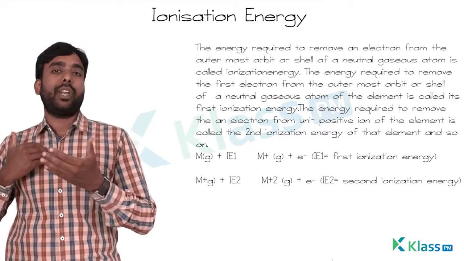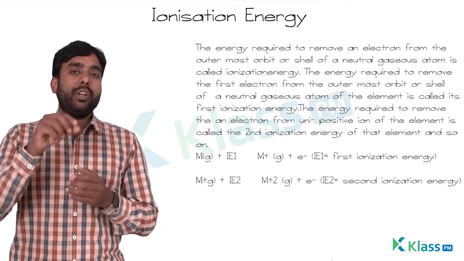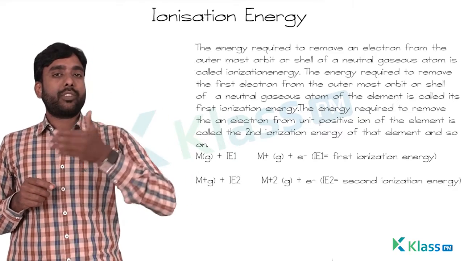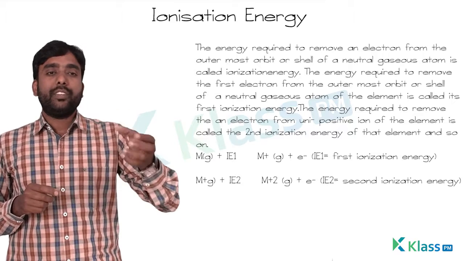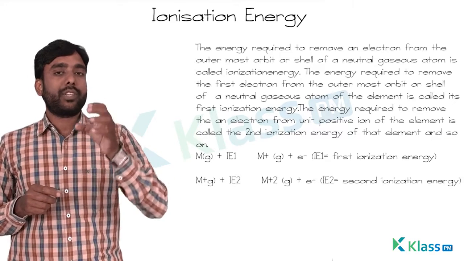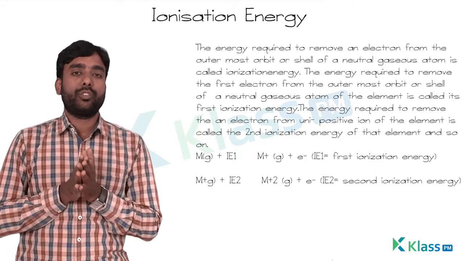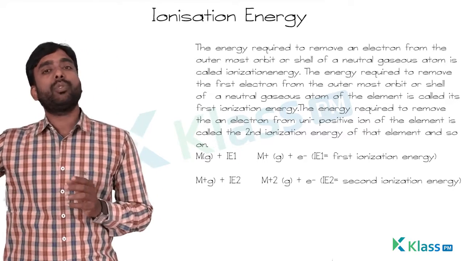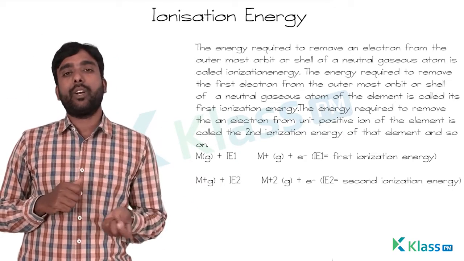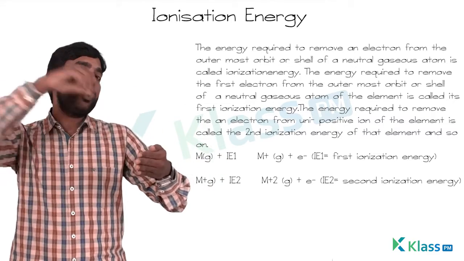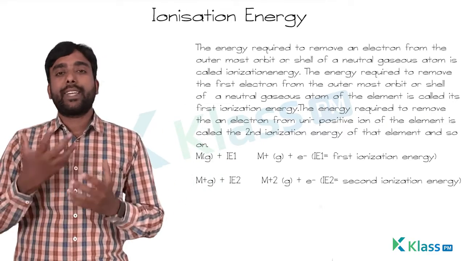Always the outermost electron, that is the 11th electron. The distance between the nucleus and the 10th electron is smaller than the distance between the 11th electron and the nucleus. So you can easily remove the 11th electron, because the 10th electron is closer to the nucleus. That's why you have to give more energy to remove the 10th electron.